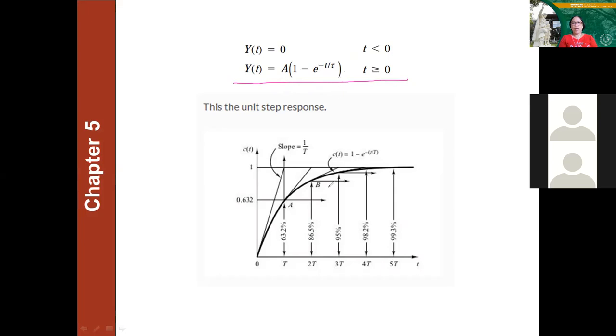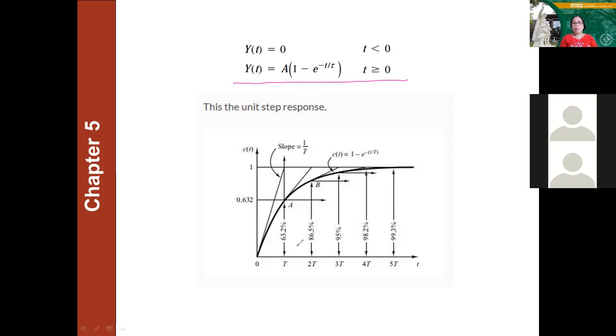Now, if it's plotted, class, this is the response curve that will be produced. At 0, the slope of this response curve is 1 over tau. It's explained further in your text, the percentages at which your response reaches the steady state value. At time 5 tau, your response reaches around 99.3% of its ultimate, or steady state, response.